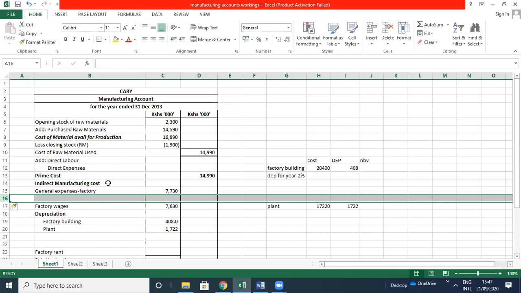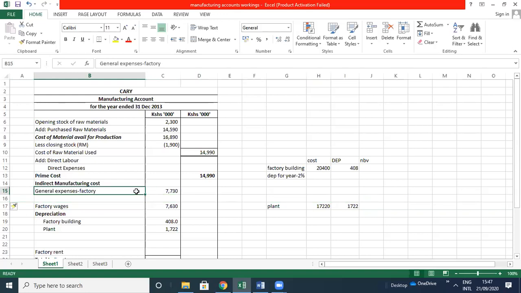That there were accrued general expenses of 1748 in regard to the factory. Do you see that? What did you say about accrued? We add it to what you already have, or what do we subtract? It's an accrued expense.